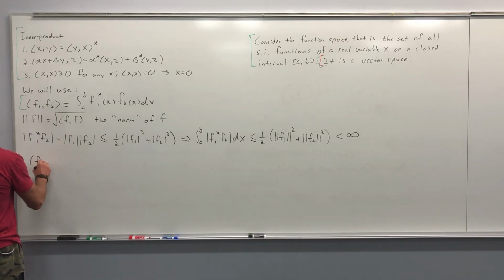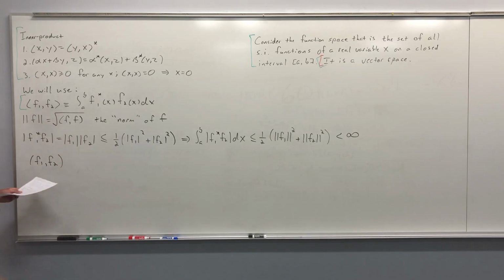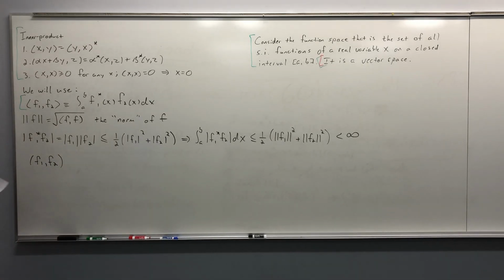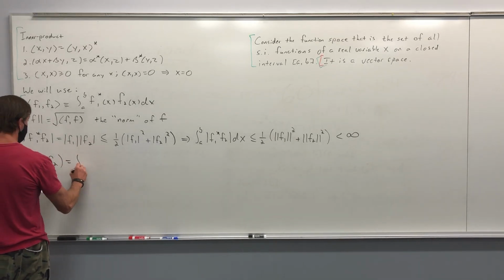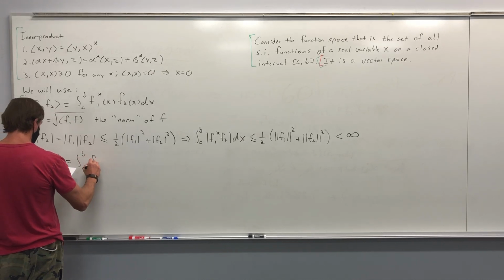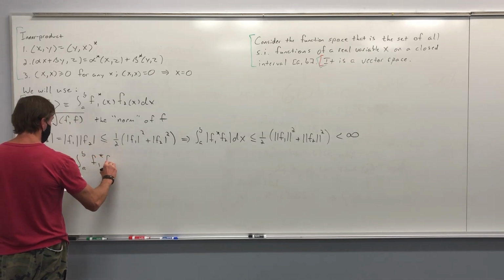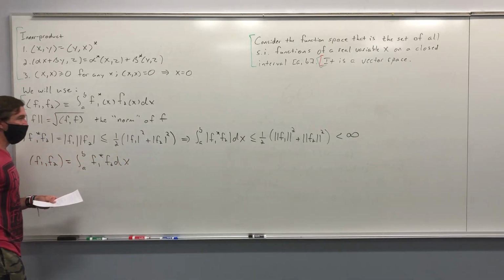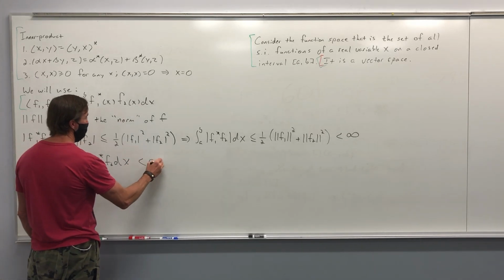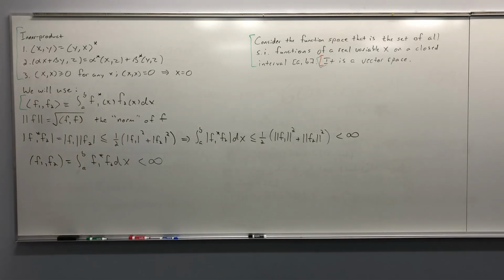So what we've just shown is that the inner product of two functions, which is just the integral from a to b of f1 star f2 dx, exists and is finite.